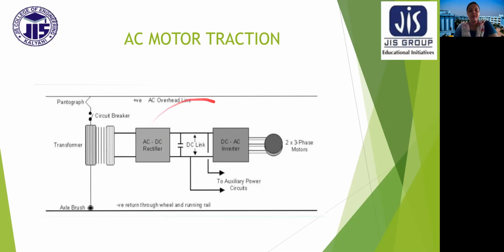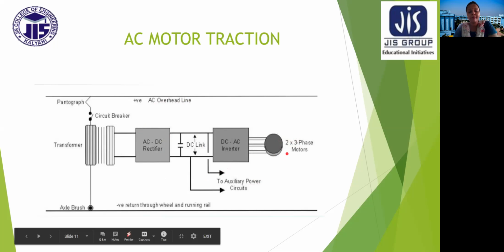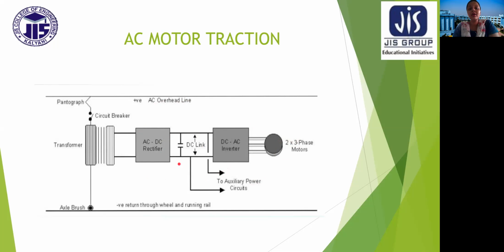Because this is a three-phase motor. So in place of three-phase AC supply, if we convert it into DC, we can reduce material cost, we can reduce the requirement of conductor, we can reduce the effects of frequency and noise, we can reduce the voltage drop for impedance, or we can improve regulation.